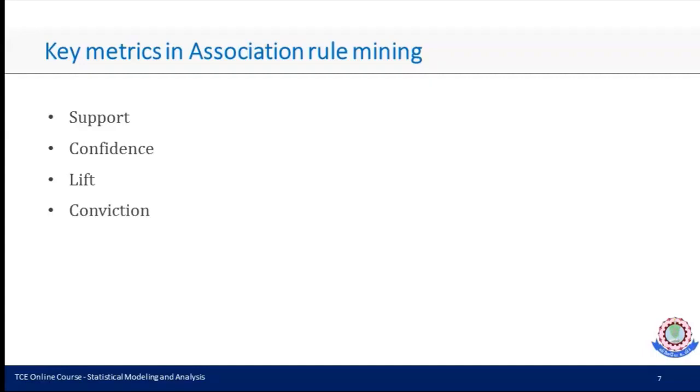And the second measure is confidence. Here, confidence is used to filter out the rules which exceed the minimum confidence threshold value.